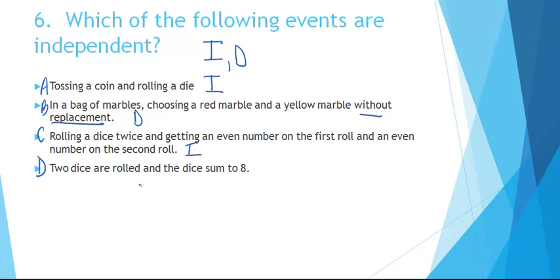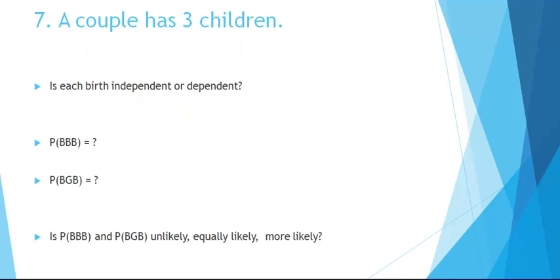And then this last one, 2 dice are rolled and the dice sum to 8. Well, these are dependent events because if you first roll a 2, then it locks you in that you have to roll a 6. So the events depend on each other. So good. Good job on that.